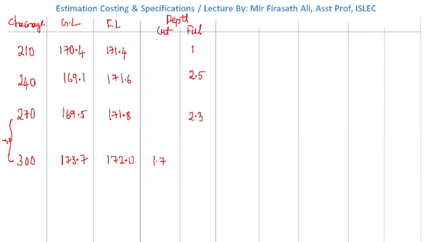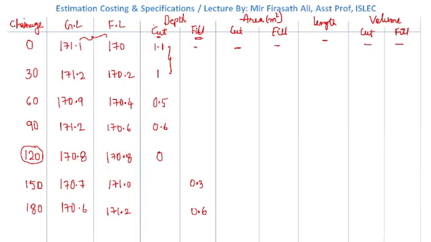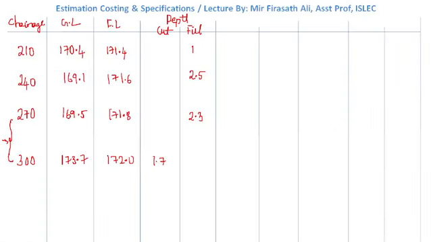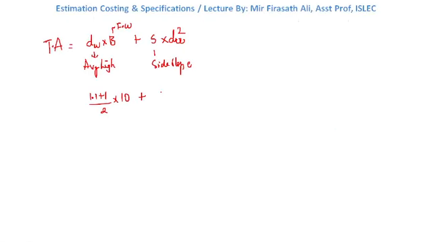What is s? As this is a cutting, what is the side slope in cutting? 1:1, so s is 1. So s becomes 1 into 1.1 plus 1 by 2 whole square.